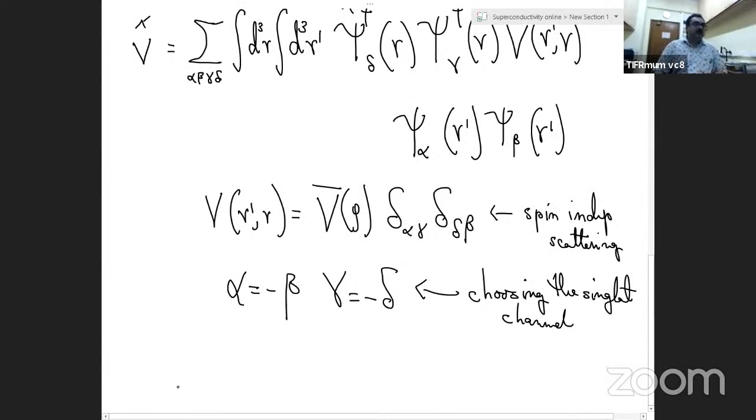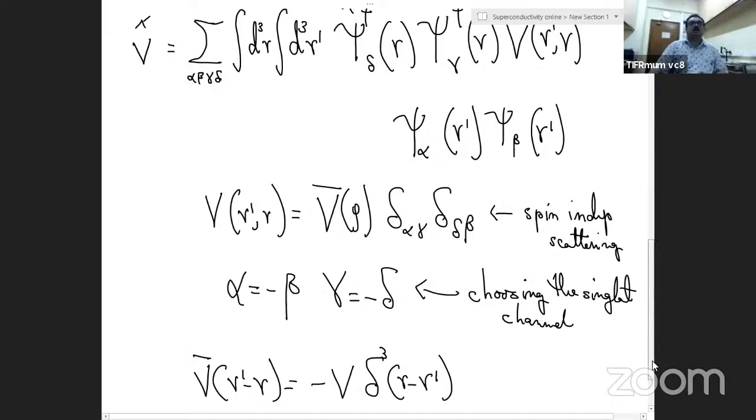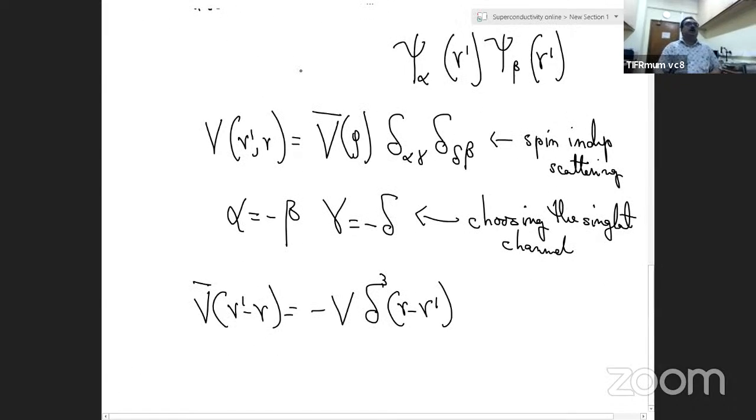And then finally, this I will take as minus V delta function of R minus R prime, so that it's a contact interaction, a local contact interaction. All right. With this, now let me calculate the second quantized form.